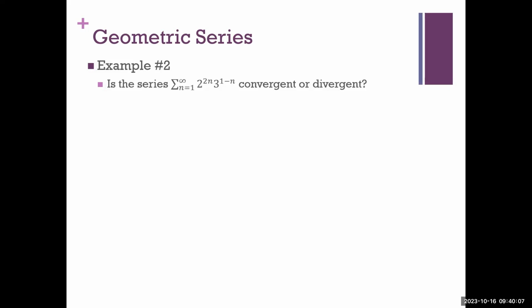I would really love it if I get to a place where n is the only exponent. Is there any way for me to rewrite 2 to the 2n? If I have a power raised to a power, I can rewrite it like that. How about 3 to the 1 minus n?